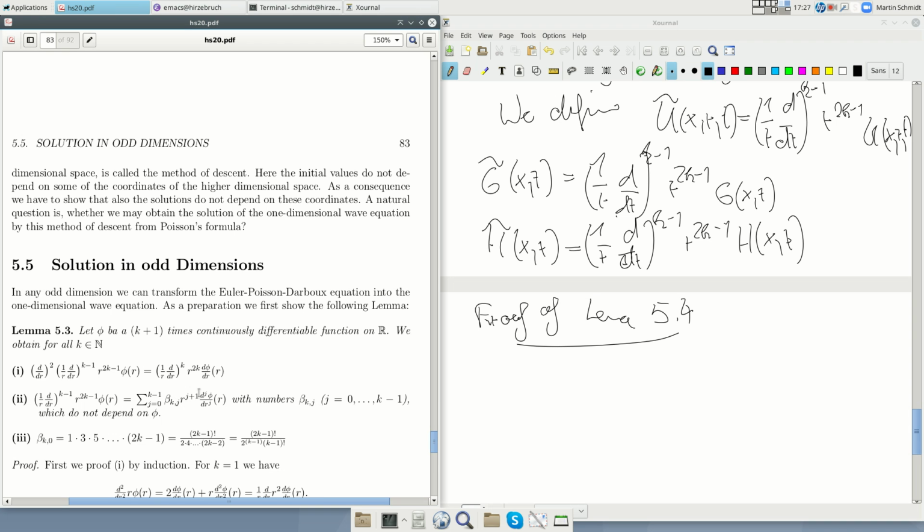So it vanishes, because we already have proven before that the derivatives are continuous.